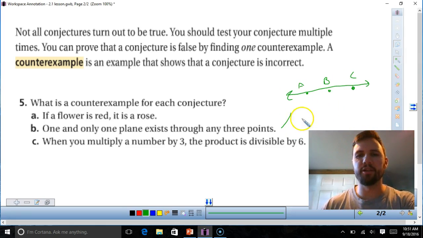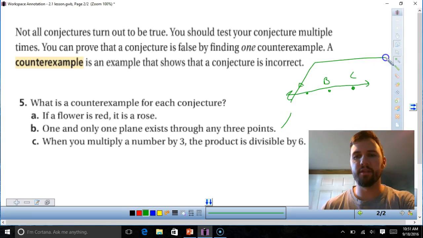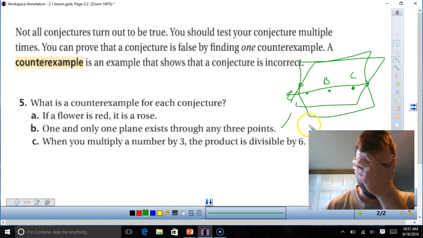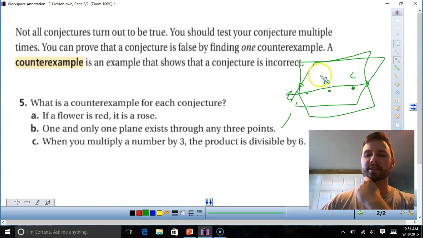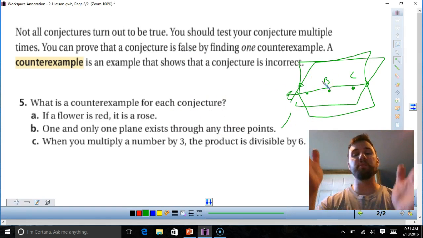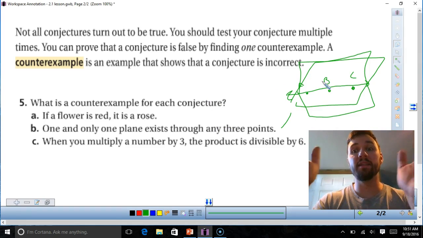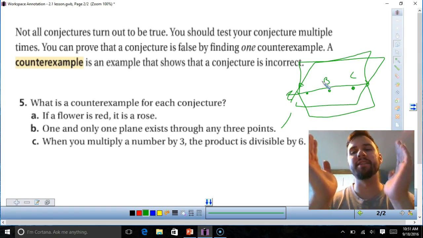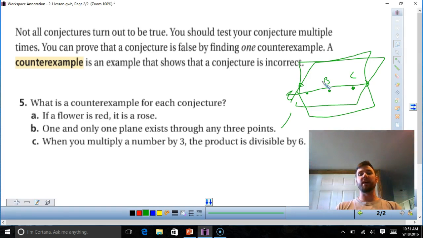So your counterexample would be if 3 points lie on the same line, at least 2 planes pass through them. Okay? So if all those points are on the same line, because 2 planes make a line, so you know at least 2.